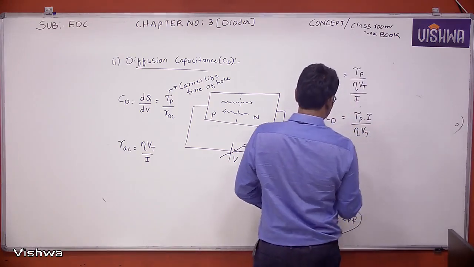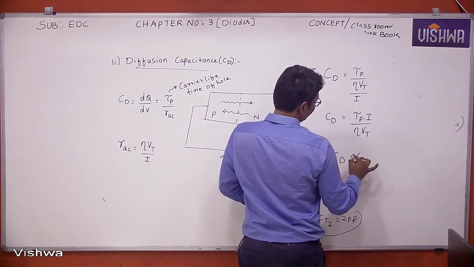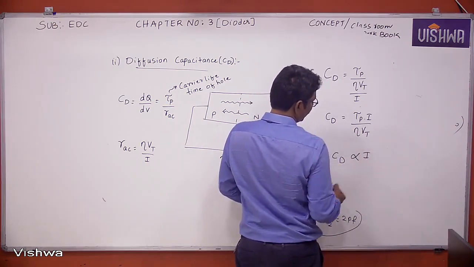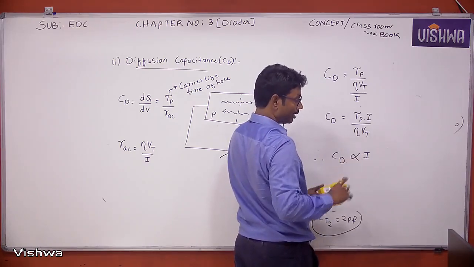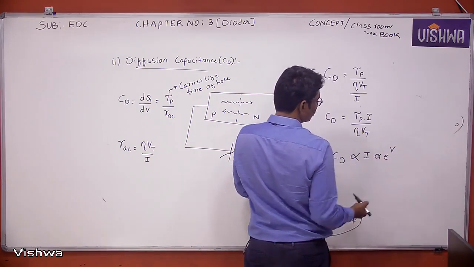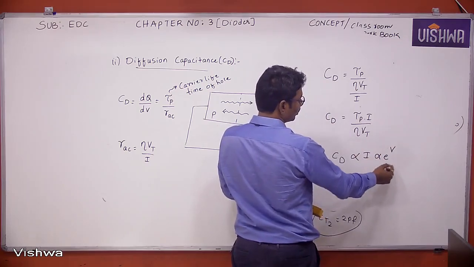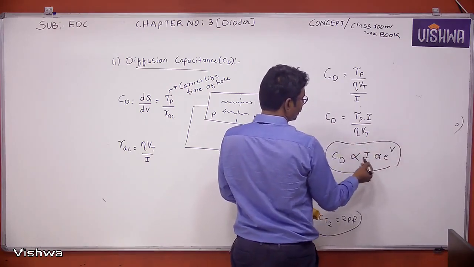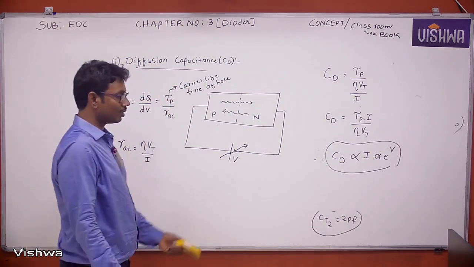So what we can understand is, in case of forward bias, the diffusion capacitance is directly proportional to the current through the diode. Means if current increases, diffusion capacitance also increases, and it is exponentially proportional to the voltage across the diode. This is the relation between current and capacitance, and also applied voltage across the diode and diffusion capacitance.